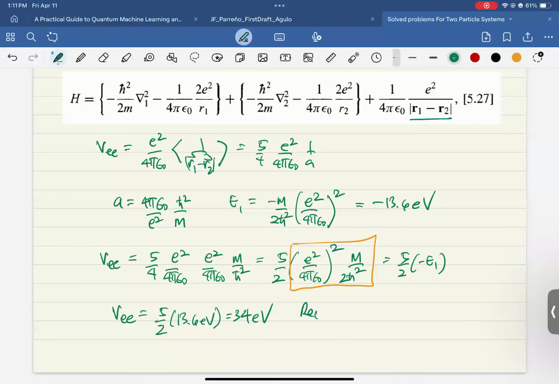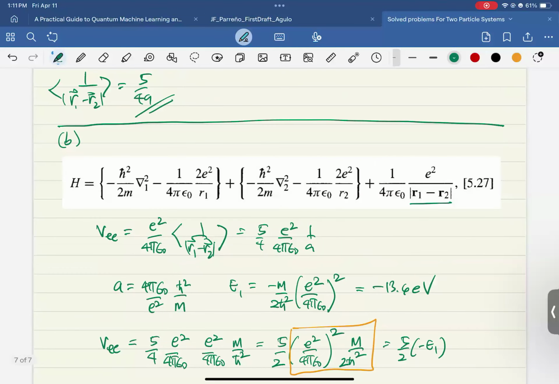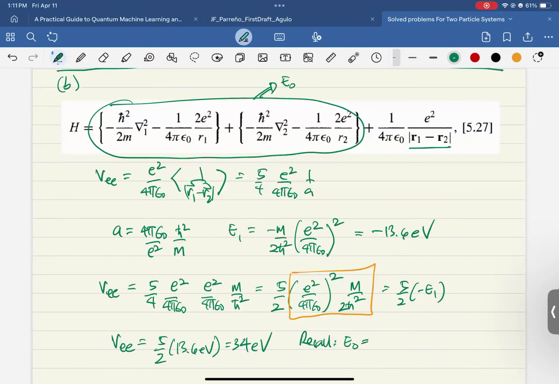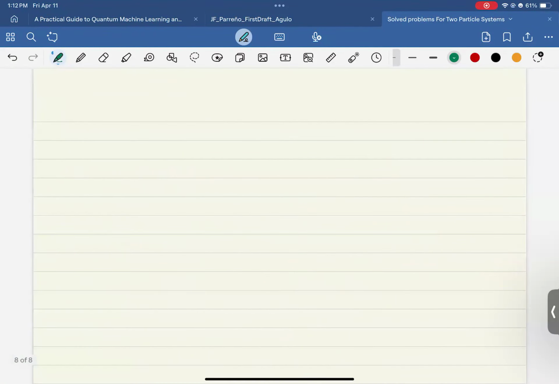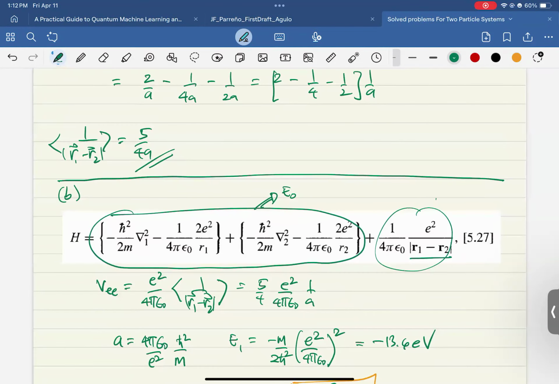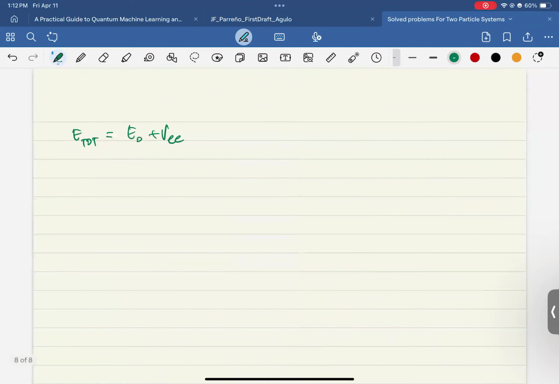So recall na yung E naught na makukuha natin from these two terms, so yung corresponding na eigenvalue dyan ay negative 109 electron volts. Okay, so yung total is, of course, E naught plus VEE. Diba? So E naught and then yung makukuha natin dito ay VEE.